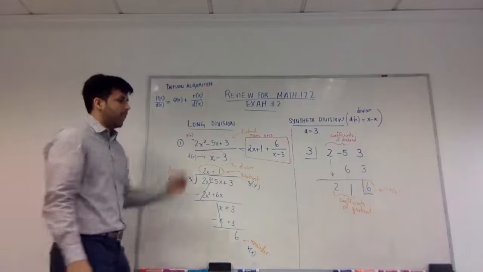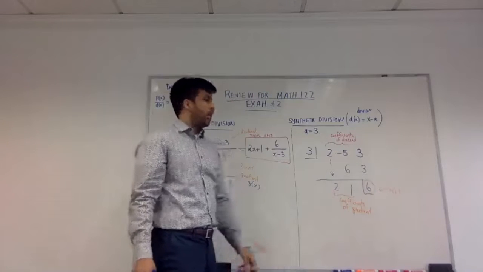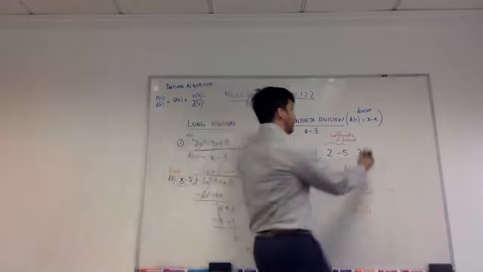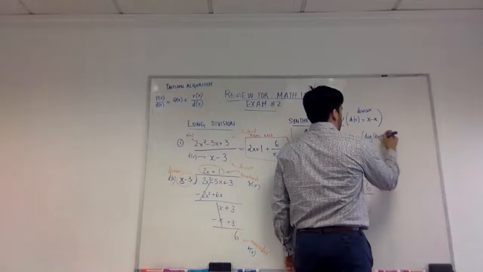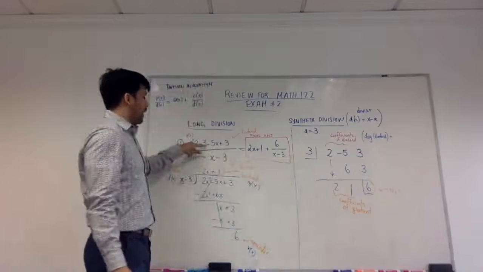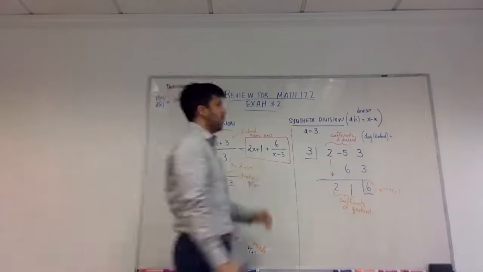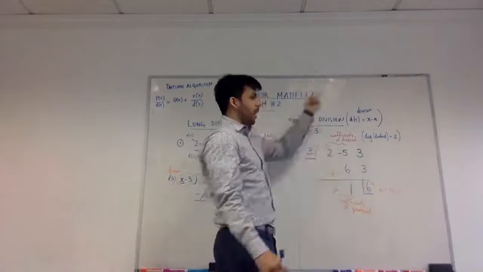My quotient is always 1 degree less than my dividend. The degree of my dividend, well, my dividend has x squared, so the degree is 2. So the degree of my quotient will be 1 less.